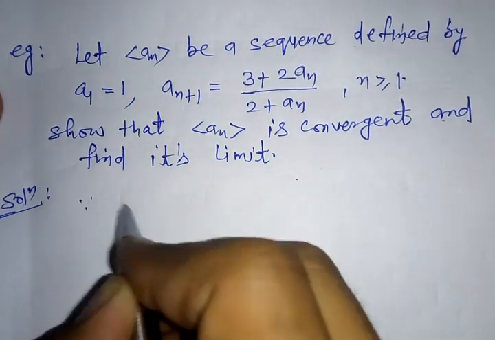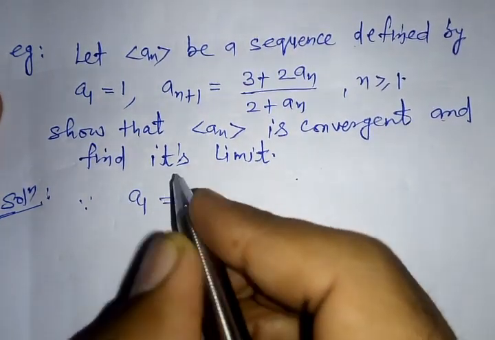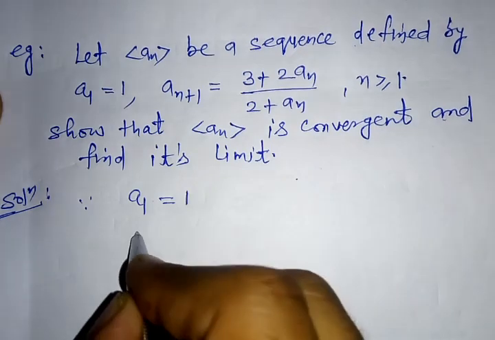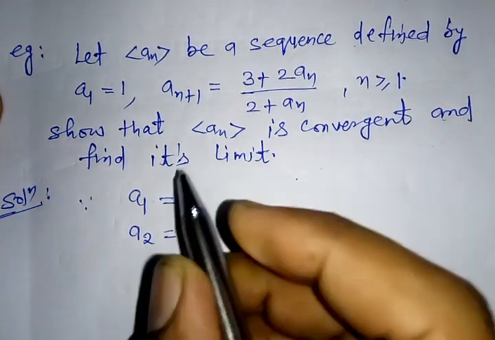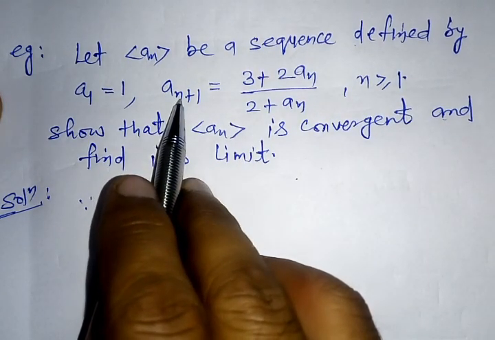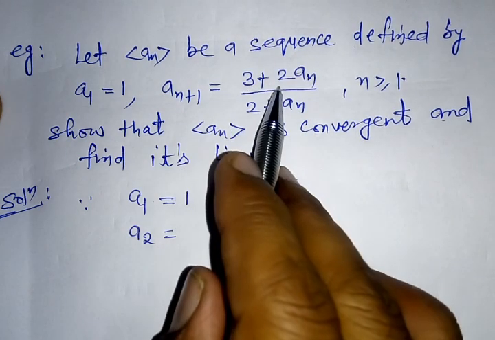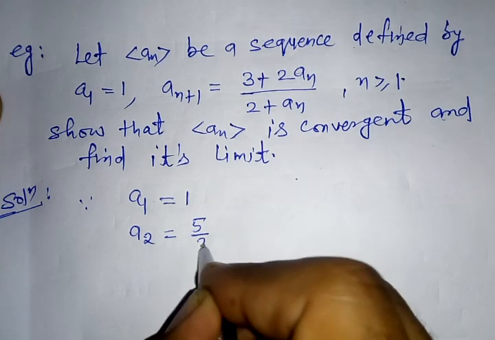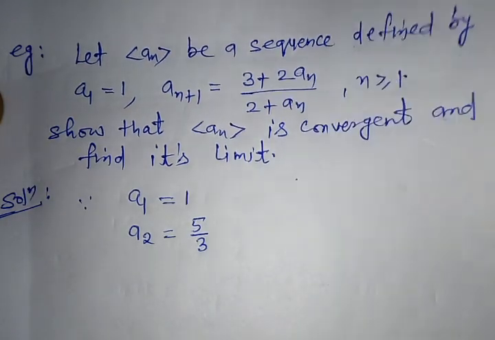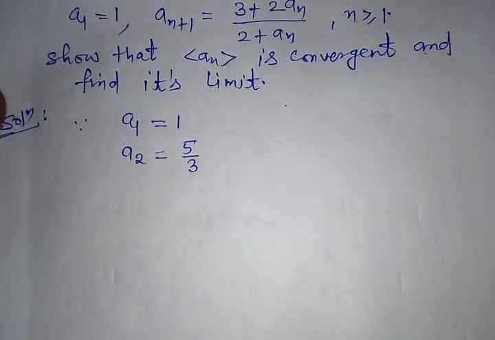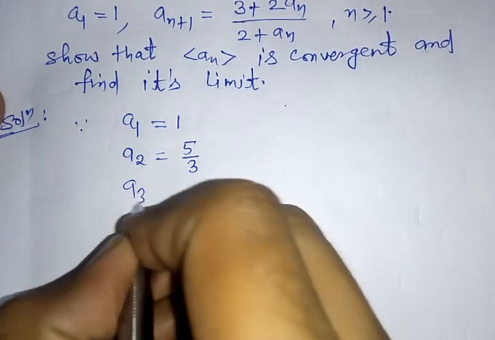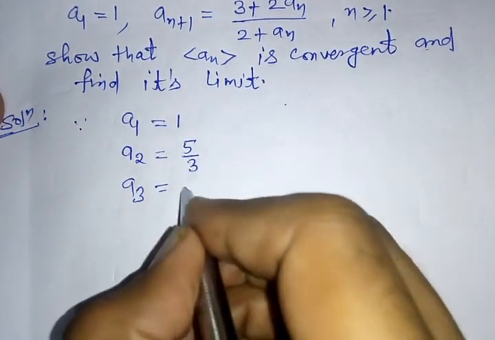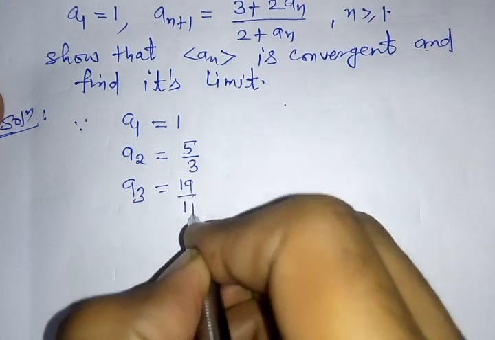Since a1 is equal to 1, if I find a2 for n equal to 1, so a2 is 5 upon 3. If I find a3, then it is 19 upon 11.